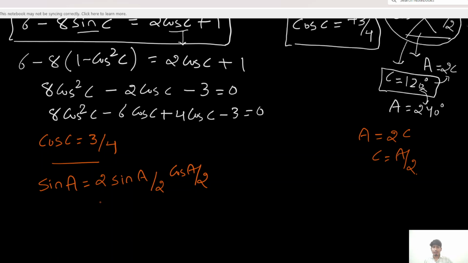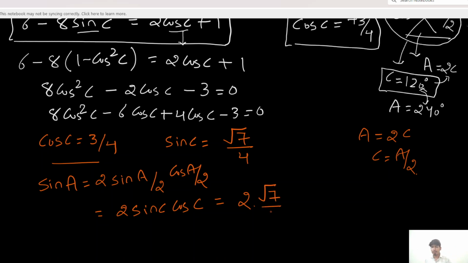Then put here 2 sine c cos c. Cos c is 3 upon 4, and if cos c is known, then what is sine c? Sine c is under the root of 16 minus 9, that is root 7 upon 4. Then put here 2 into root 7 upon 4 into 3 upon 4. This becomes 6 root 7 upon 16.